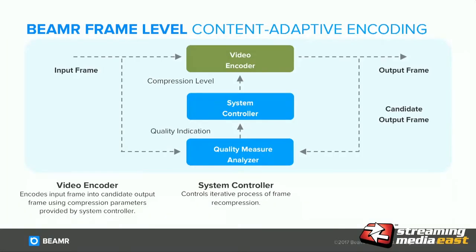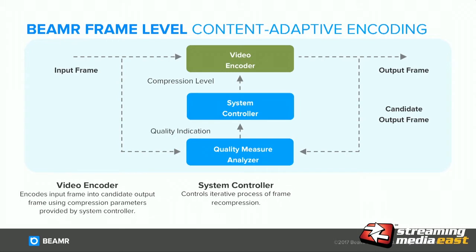But the point is, the video encoder is the video encoder. So there's not something proprietary there that, if you want to implement, you've got to make changes on your player, or do something special to get it to play. The output streams that we output work across any device that can decode H.264 or HEVC. The system controller and the quality measure analyzer, that's where our IP is.